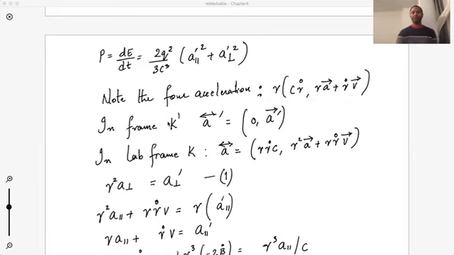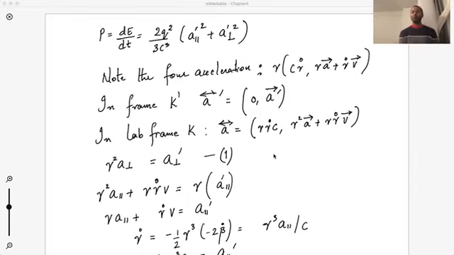Now in the K prime frame, you have a scenario where the 4 acceleration is very simple, right? And so we have the K prime frame and the lab frame, the particle frame. We have these 2 4 accelerations. This expression here is the same as here. I've just taken the gamma inside, that's it. Now we know how to transform between these 2 quantities, right?